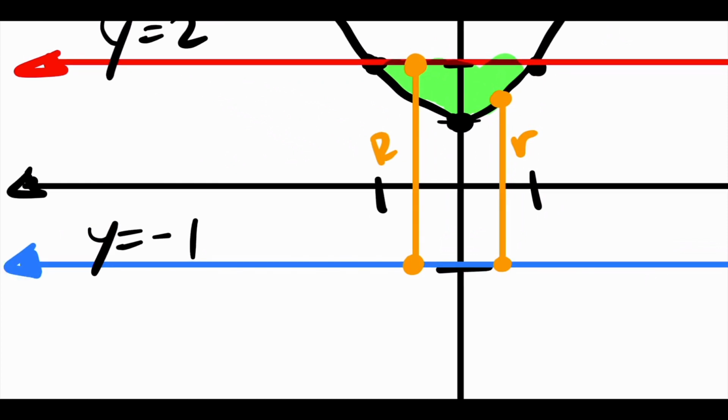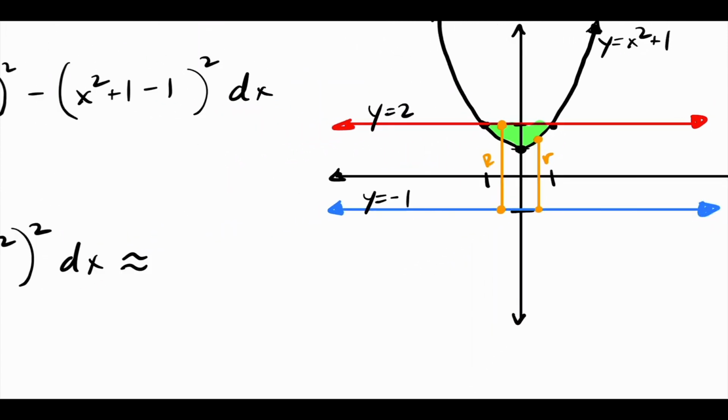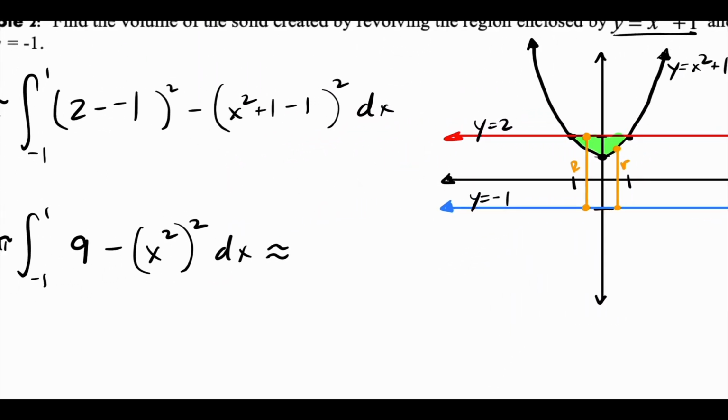So big R extends from the axis of revolution to the top of the green area. Little r goes from the axis of revolution to before the green. If you touch green, you went too far with little r. If you didn't touch green with big R, you're not far enough. Okay? Those represent the top and the bottom.